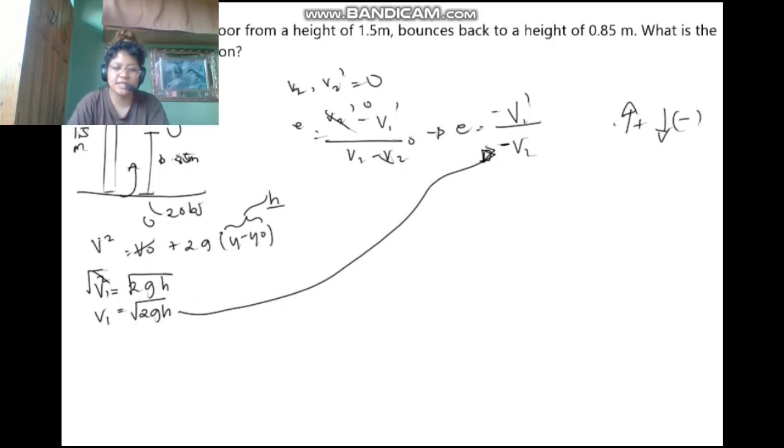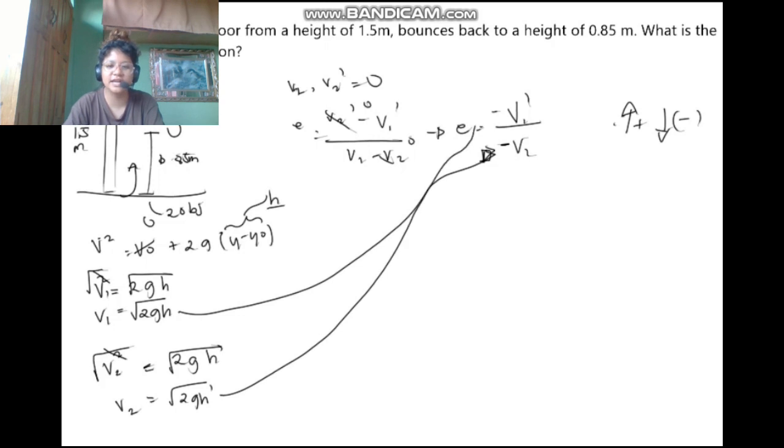So next, we're going to do the same on the final velocity. So velocity sub 2 squared is equal to, initial velocity is 0, so we can skip that, 2 times gravity times h prime. We are going to square root both sides, and v sub 2 is equal to square root of 2gh prime.